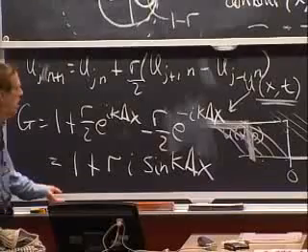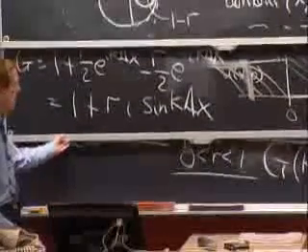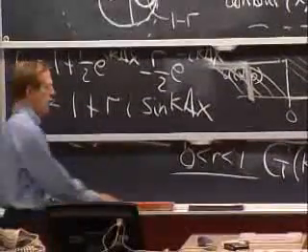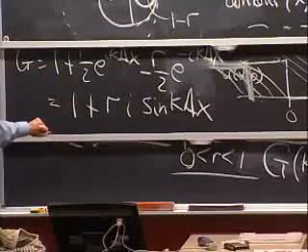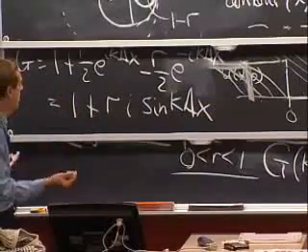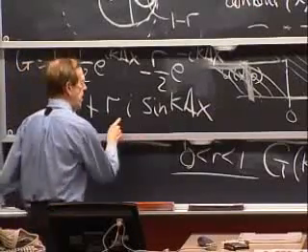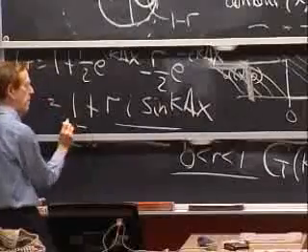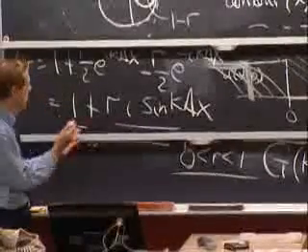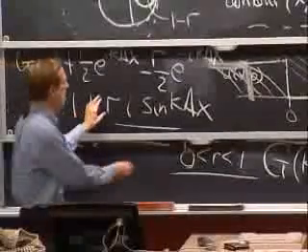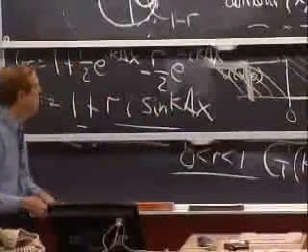No way. So I don't care whether r is less than 1 or not. I'm lost. Because the amplification factor here is, this is a pure imaginary number. This is a real number, so I have the sum of squares to get the magnitude. It'll be the square root of 1 plus r sine k delta x squared.